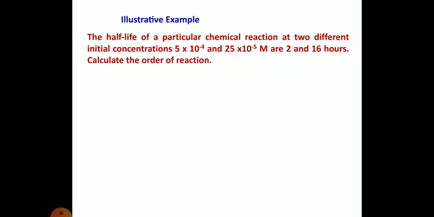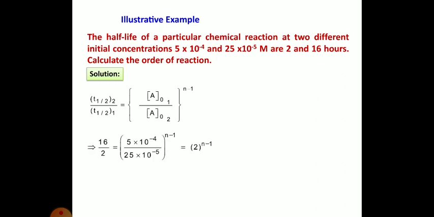In that case, what you have to do is calculate the order of the reaction. Now students, we will find the solution for it. First of all, you have to write the corresponding t 1/2 equation. Once you have the t 1/2 equation, you have to use it for the calculation of the half-life of a particular chemical reaction.